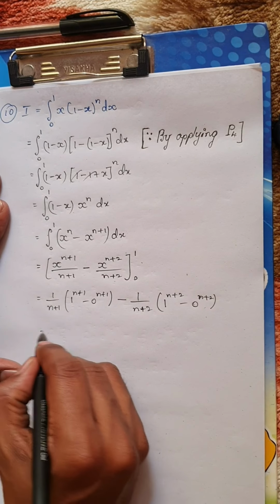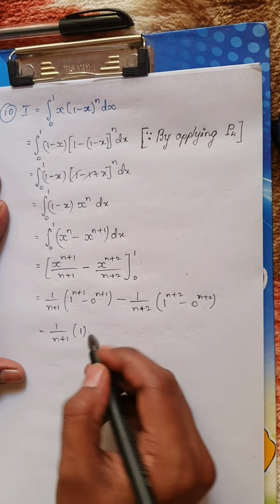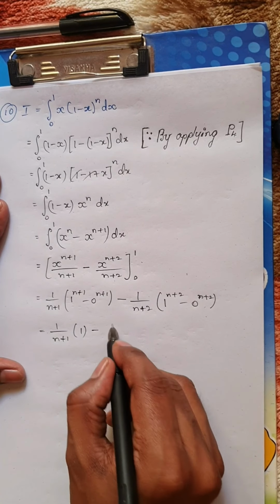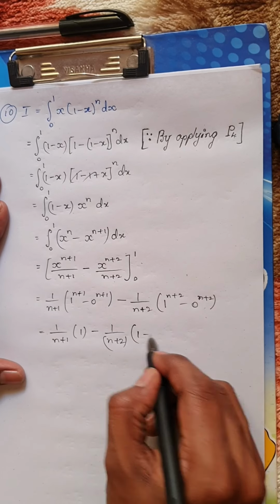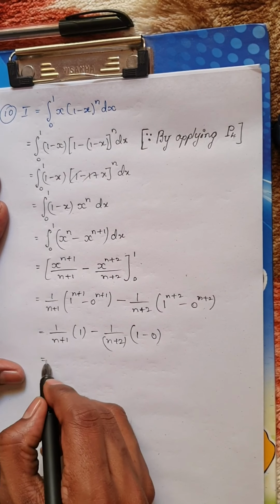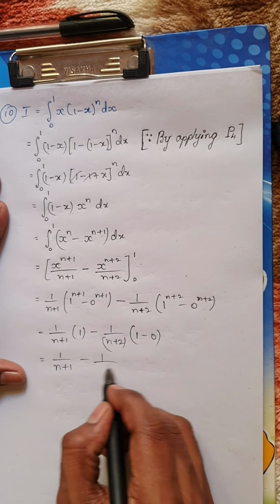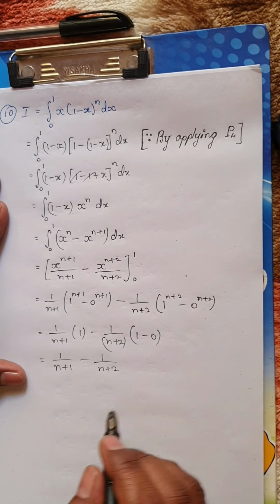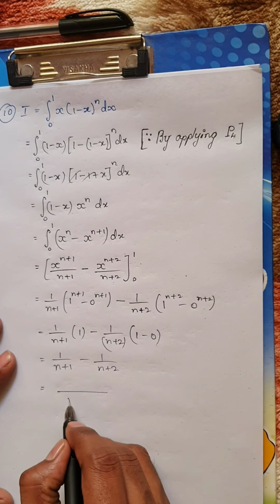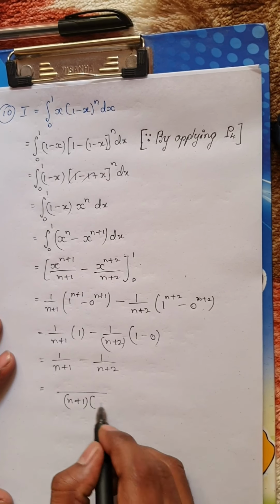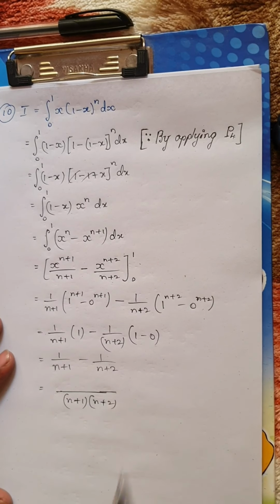So this is 1 divided by n plus 1 into 1, since the other part is completely 0, minus 1 divided by n plus 2 into (1 minus 0). So you have 1 divided by n plus 1 minus 1 divided by n plus 2. For simplification, let us use the LCM. So (n plus 1) into (n plus 2) would be the denominator.